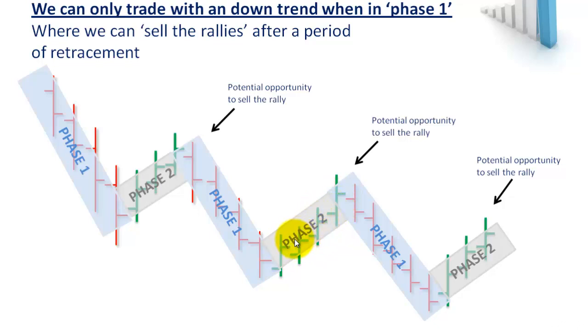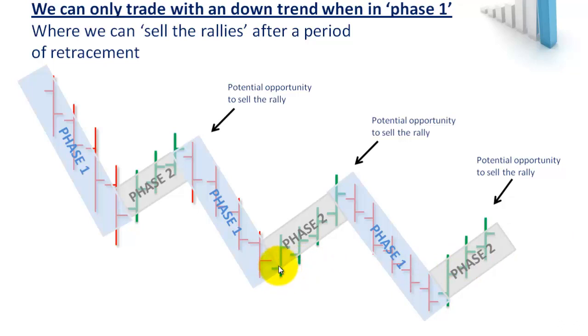So when the retracement is over and price action has made a lower high, we can trade phase 1 in advance of it making a new lower low, and then get out when we enter phase 2 and the retracement again, and so forth. You can see how straightforward it is to simply trade with the trend only.